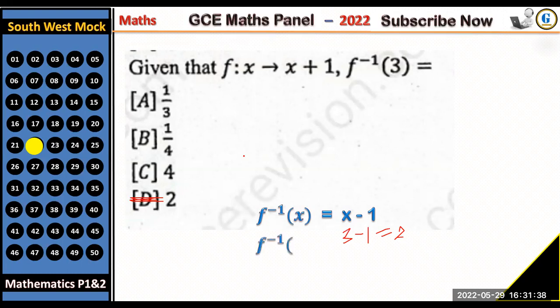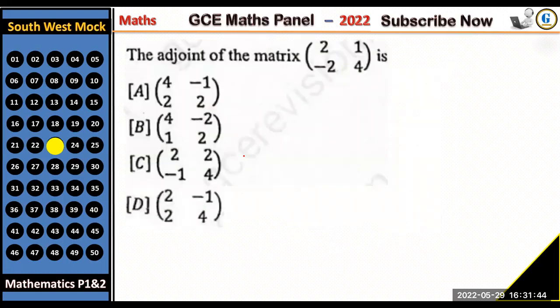Next question, question 23. The adjoint of this matrix is, to find the adjoint, we swap the leading diagonal entries first of all. So we change the positions of 2 and 4.